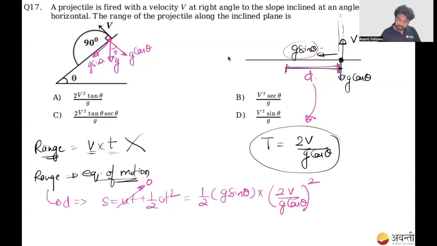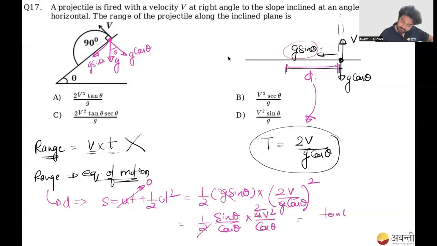Now if I calculate this, I'll get half, one g will get cancelled out, so sin theta upon cos theta into 4v square divided by cos theta. Two times cancelled out, so we'll get tan theta into v square upon cos theta.